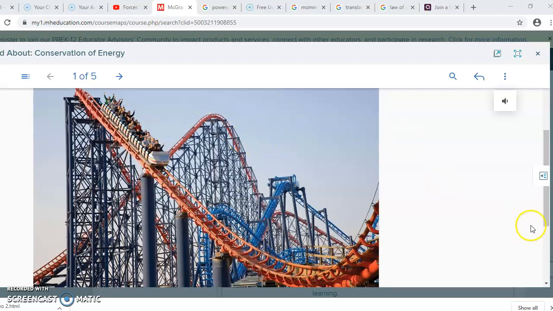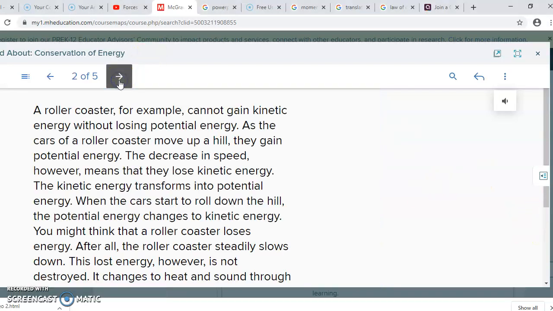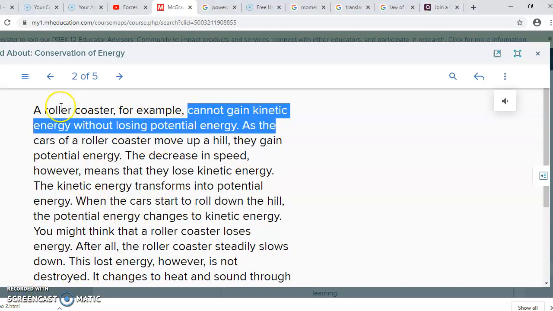Okay, you can read what's written about the roller coaster and how kinetic energy changes into potential energy, at which point. Look here, this is a very important point. The roller coaster cannot gain kinetic energy without losing potential energy.